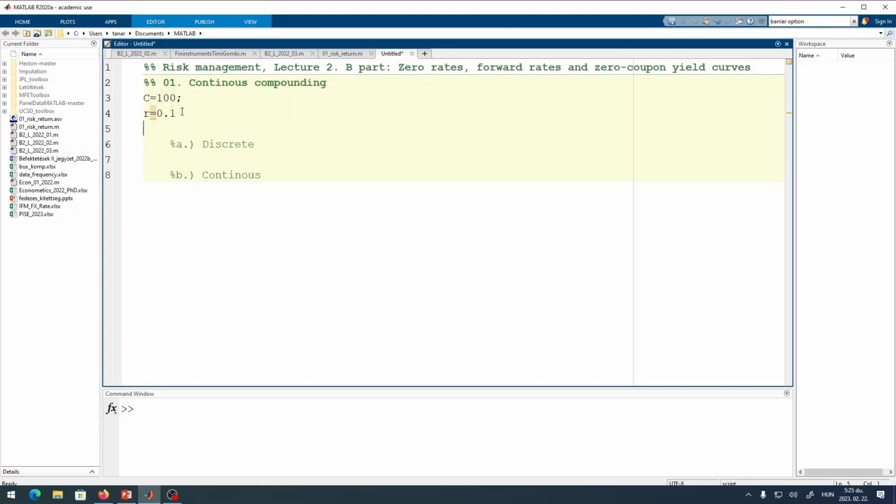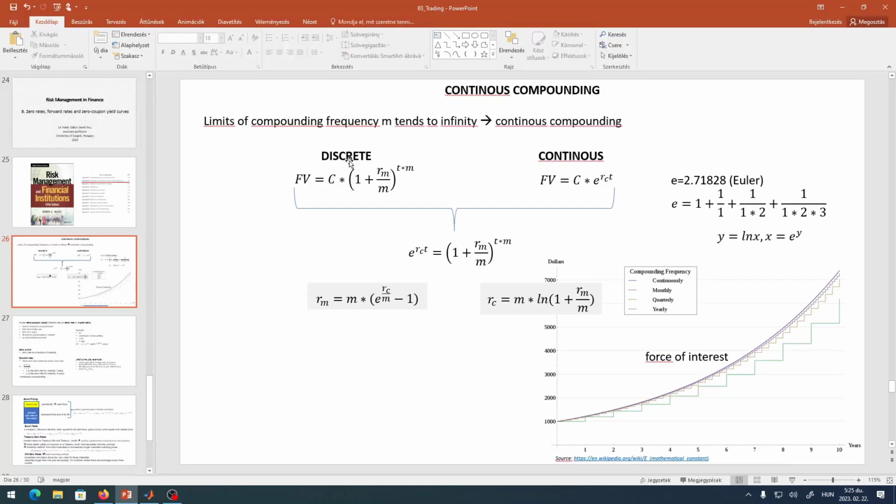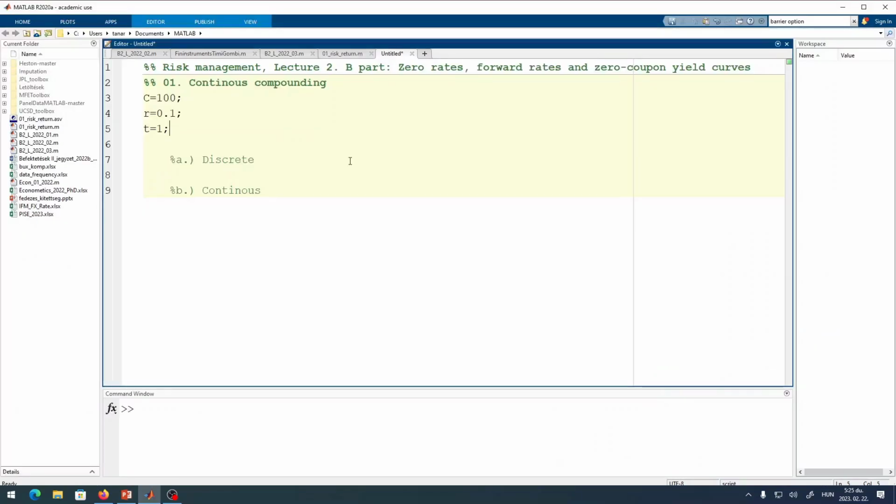Then we need time, which equals 1 year, and should we cut it to m pieces? Yes, let's cut it. First we are just using 1 payment in a year.